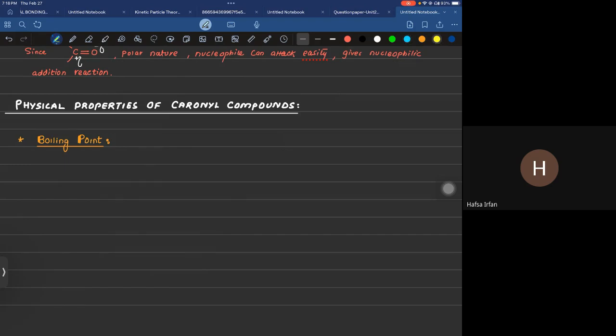First of all, I can write that carbonyl compounds having less number of atoms are gases at room temperature.